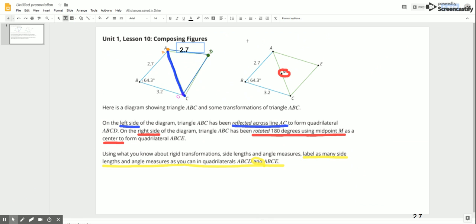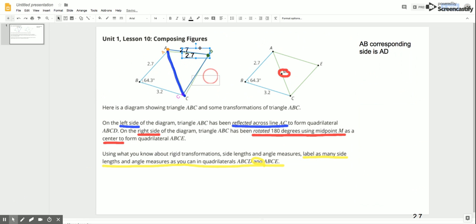And then I'm going to keep a list here of our corresponding sides and angles. So we know that AB's corresponding side is AD. Now, side BC or CB is 3.2. And again, with our reflected image, this side is side BC, so we know that's 3.2.